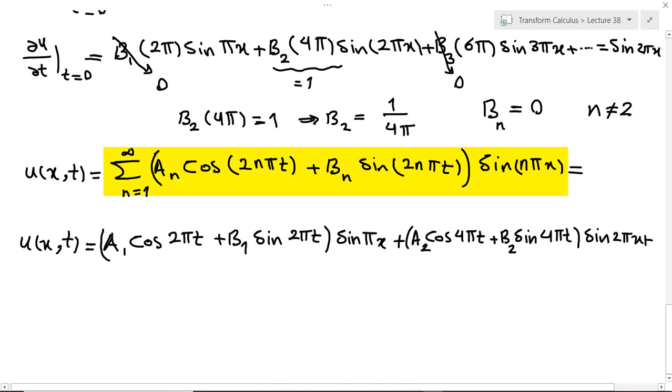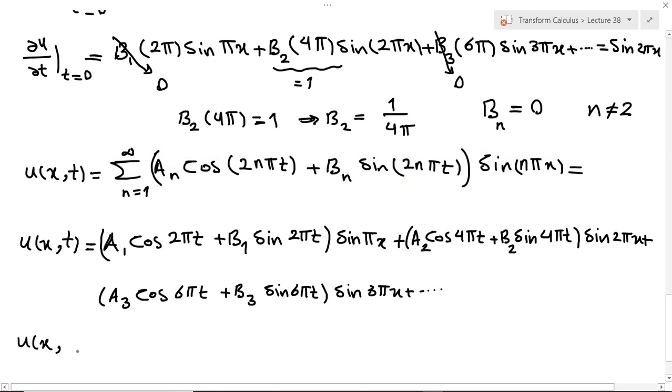If we assume that n is 3, we have a3 cosine 6 pi t plus b3 sine 6 pi t, times sine 3 pi x, and so on. So it's the solution of u of x and t.